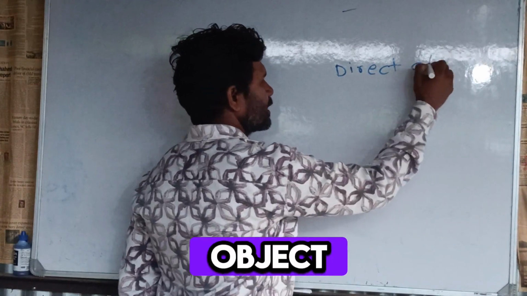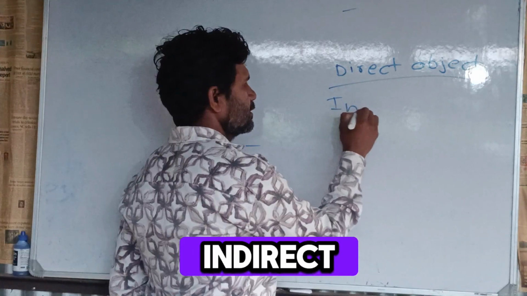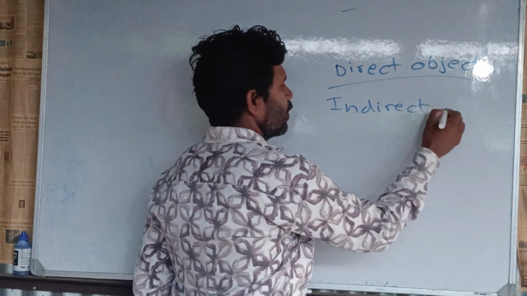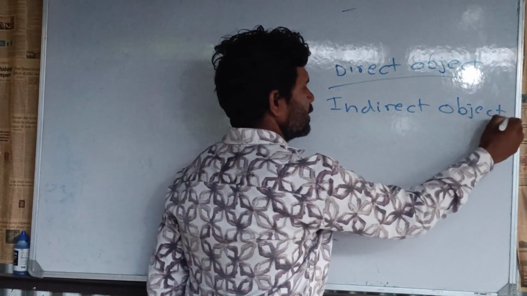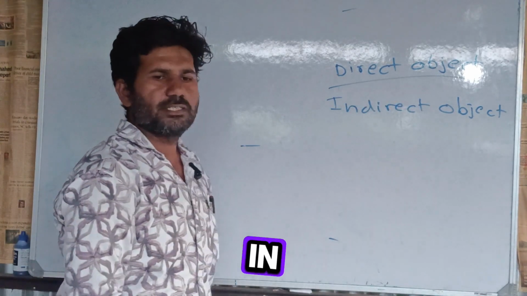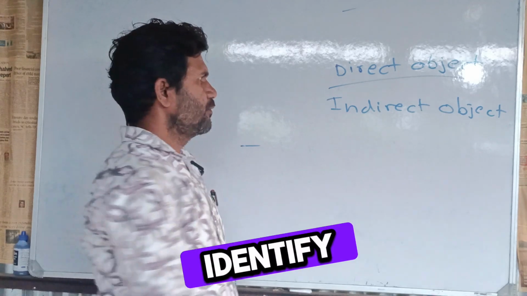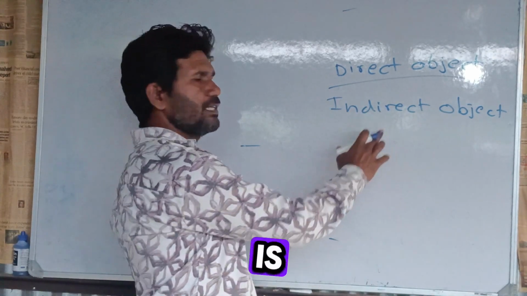In a sentence, we need to be able to identify which one is the direct object and which one is the indirect object.